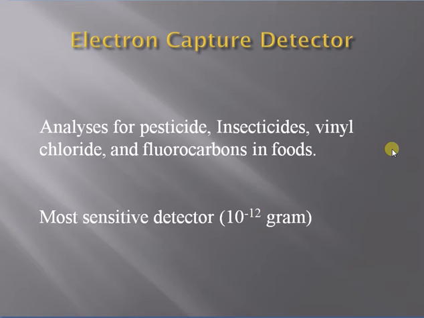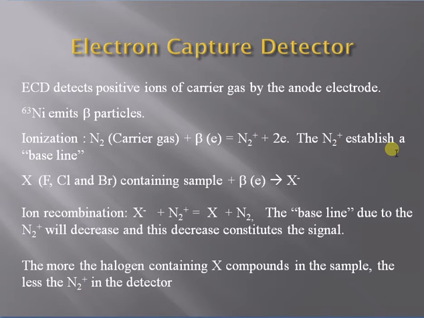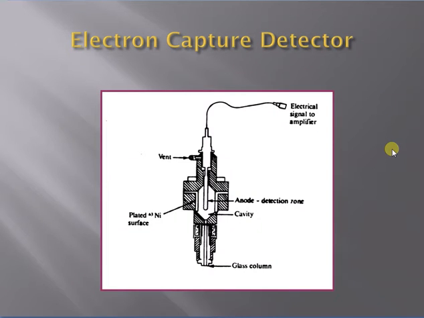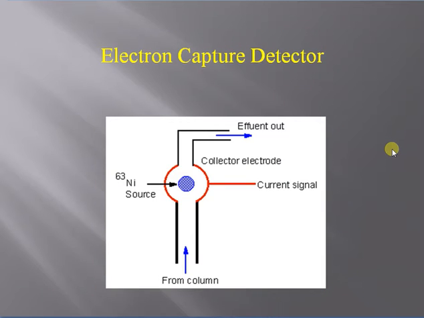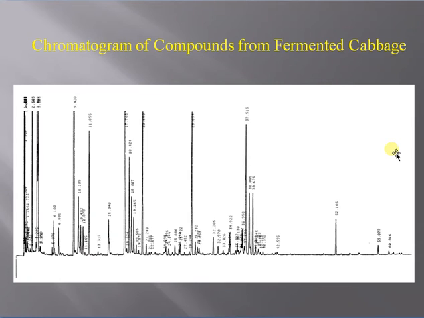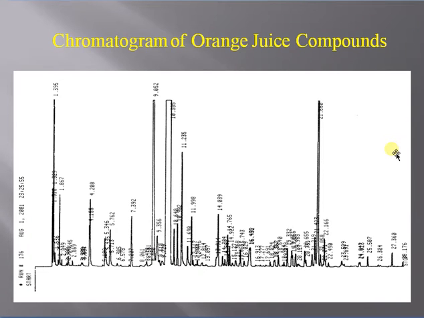Electron capture detectors analyze pesticides, insecticides, vinyl chloride and fluorocarbons in foods, and are the most sensitive detectors. The picture shows the electron capture detector and how electrons are captured.